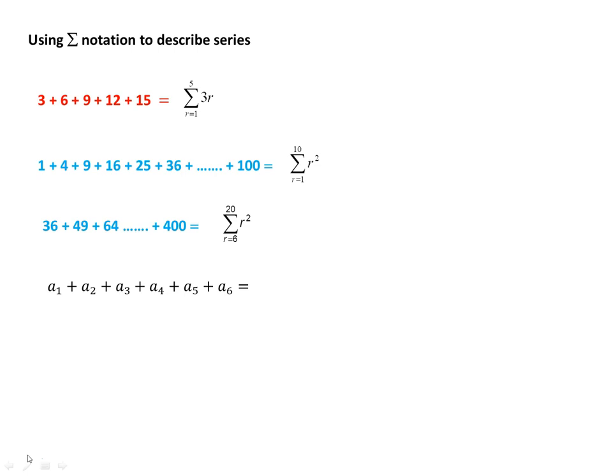So we can write that as being the sum between r equals 1 and 6 of A_r. And if we've got A21 plus A22 plus A23 plus A24 plus A25 plus A26, then we can write that as being the sum between r equals 21 and 26 of A_r.